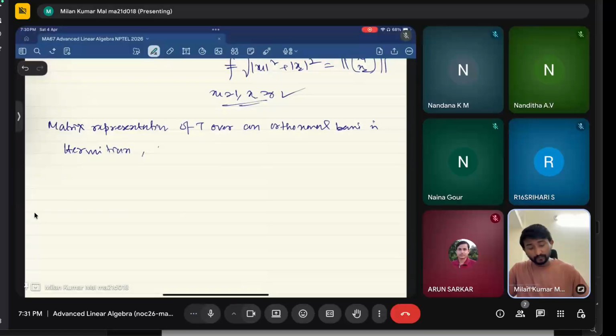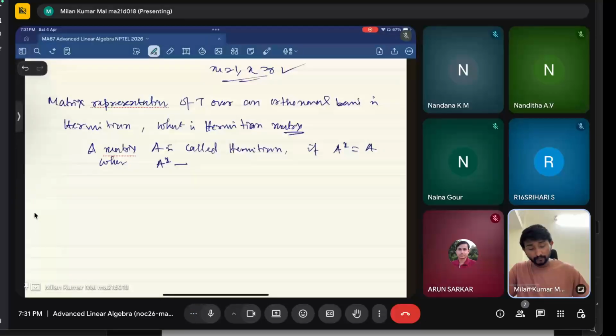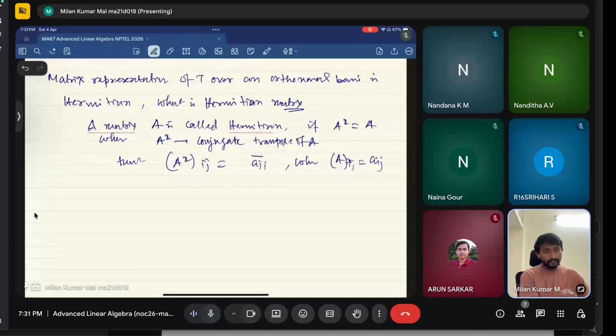A matrix A is called Hermitian if A star equals A, where A star is the conjugate transpose of A. The ijth entry of A star is the jith entry of A, conjugated.